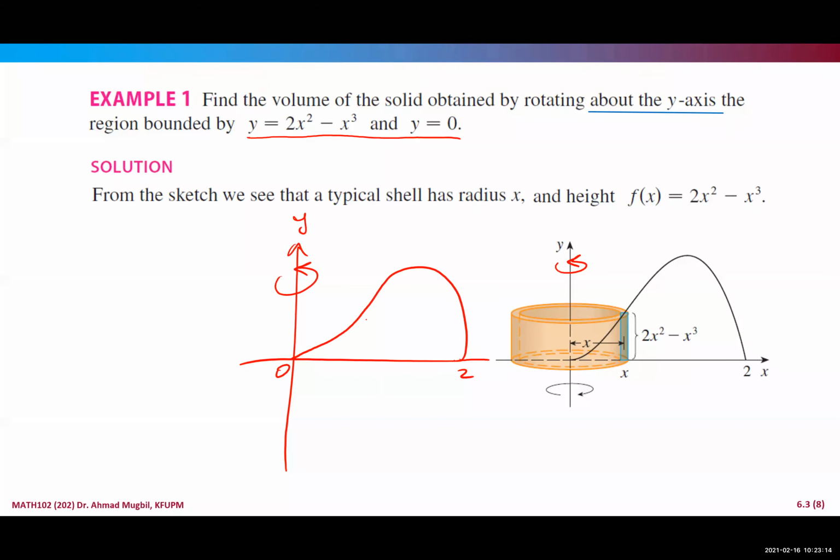Now, what is the first thing to do if you want to use the shell method? You will draw a line parallel to the axis of rotation, not perpendicular, parallel, okay? Because it is vertical, you can think about it like a rectangle if you want.